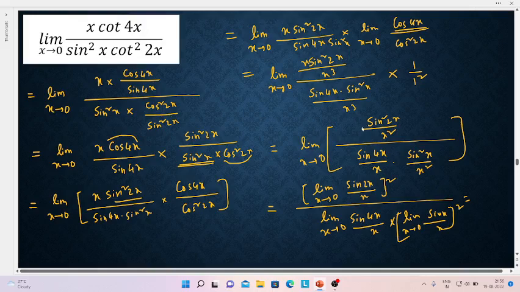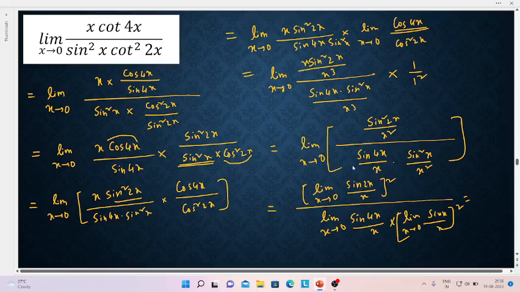Because you can see when we change the limit, it will be limit x tends to 0 sine square 2x upon x square, and that sine square 2x upon x square can be written as sine 2x upon x, that part whole square. So if you substitute the limit inside that square part, it will give you limit x tends to 0 sine 2x upon x, that part whole square, right?